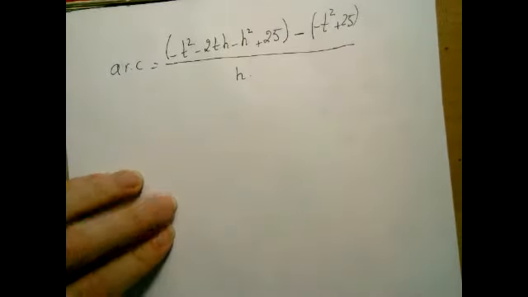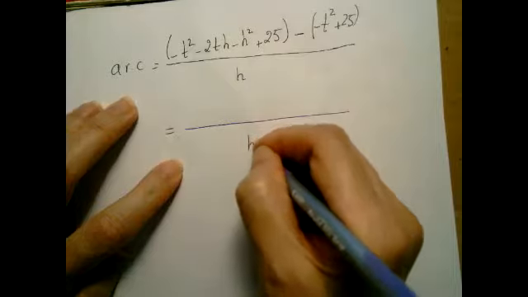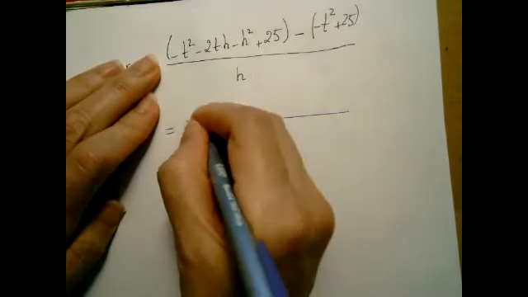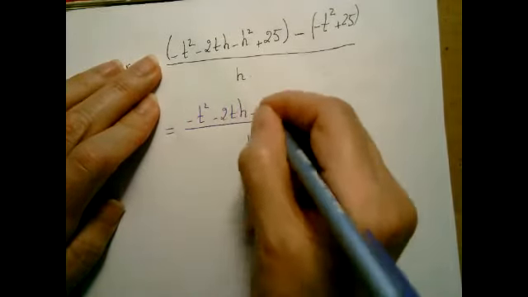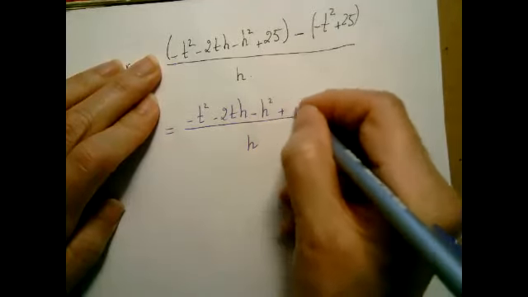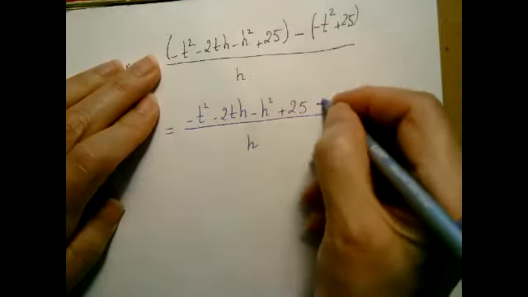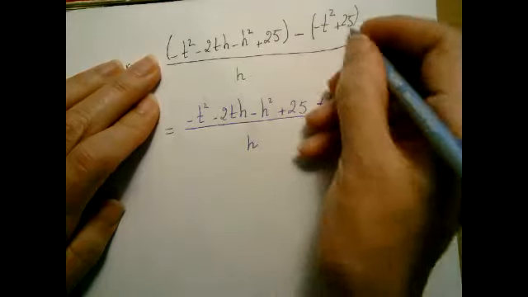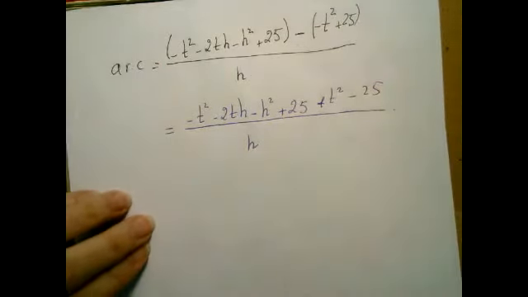So let us simplify. This is equal to, this is my h. And now let's do that. Minus t squared minus 2th minus h squared, plus 25, minus, minus, plus, minus 25.